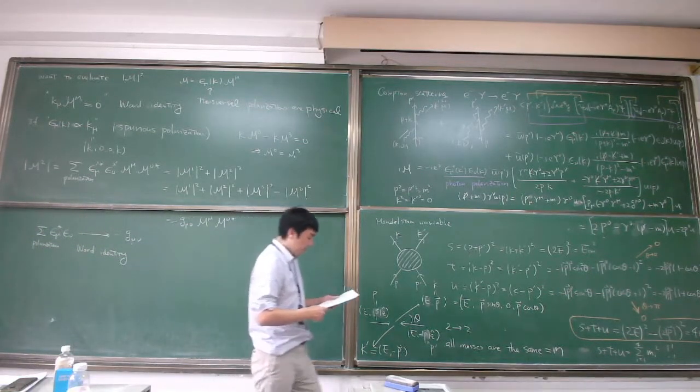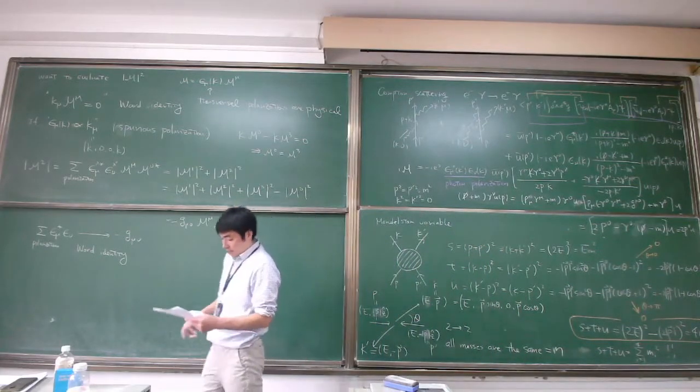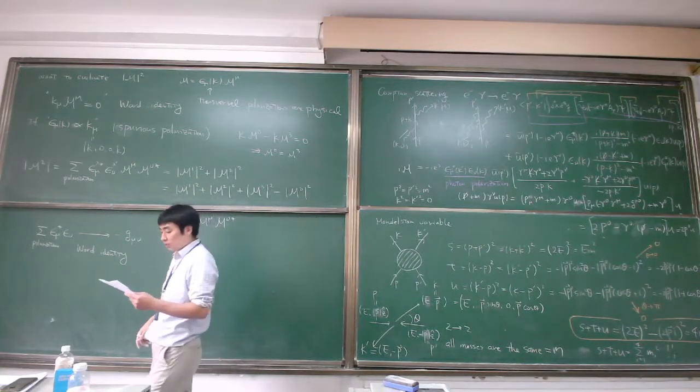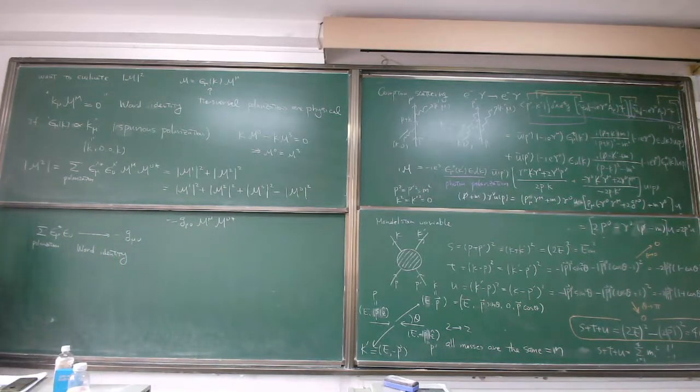It's essentially replacing e nu to minus g mu nu. Sorry, I think there are lots of typos in my lecture notes. It should be minus g mu nu. I will change the lecture notes later. Sorry about that. So that's what we need to apply essentially.